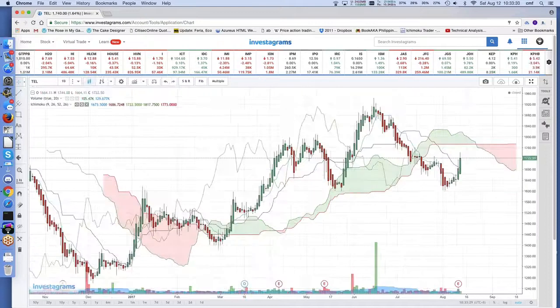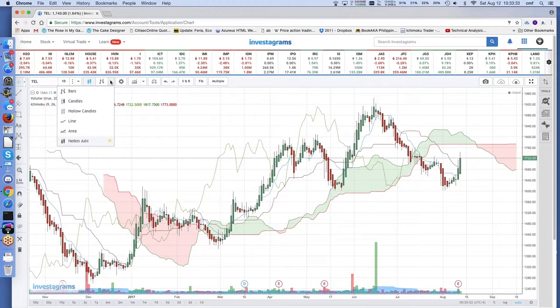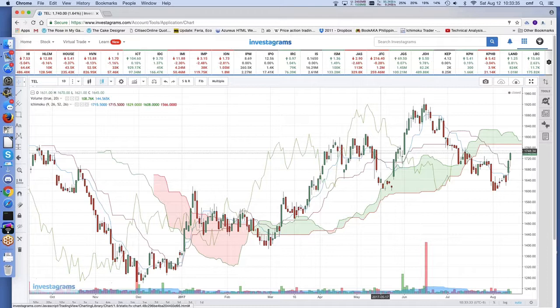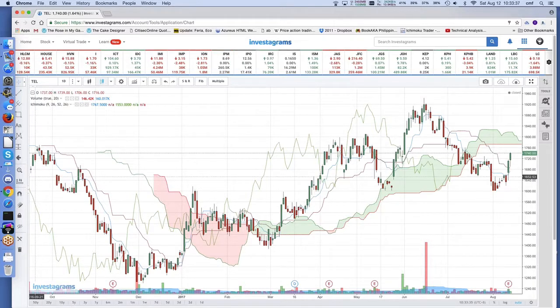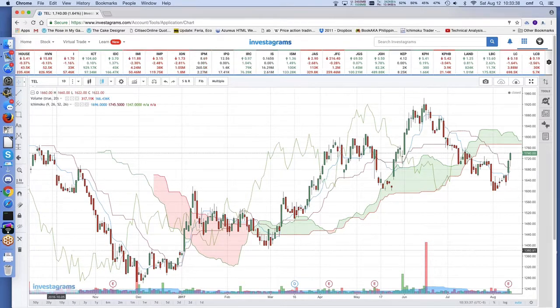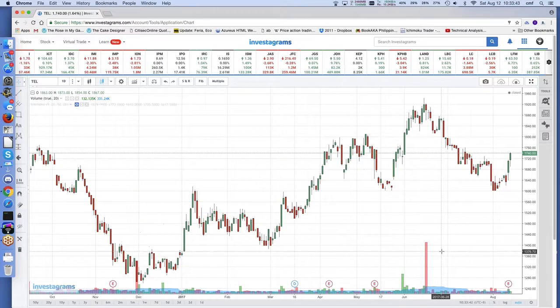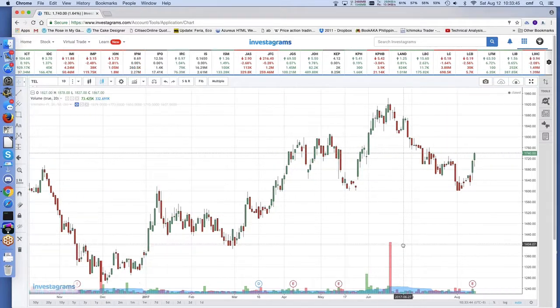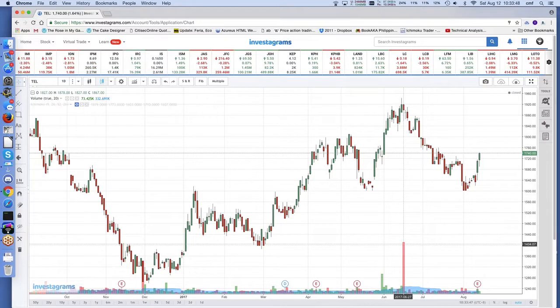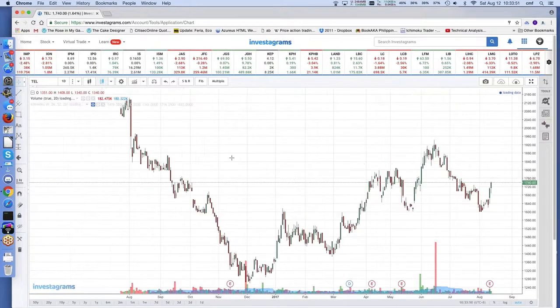Let's use the regular candlesticks for this because it's easier to identify the pattern. Let's remove Ichimoku first. This was the double top that I was referring to.